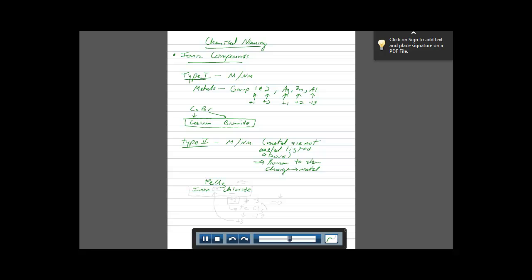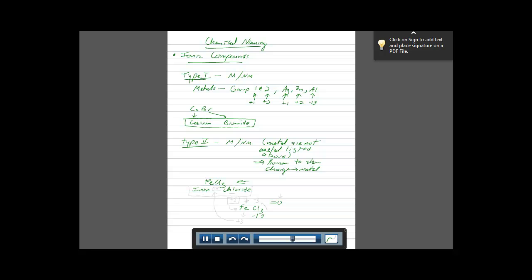Now, to figure out what charge we need to write, we have to look at this formula. The charge of an ionic compound overall is always going to be 0. With FeCl3, we can look at our periodic table and see that the charge of chlorine is -1.